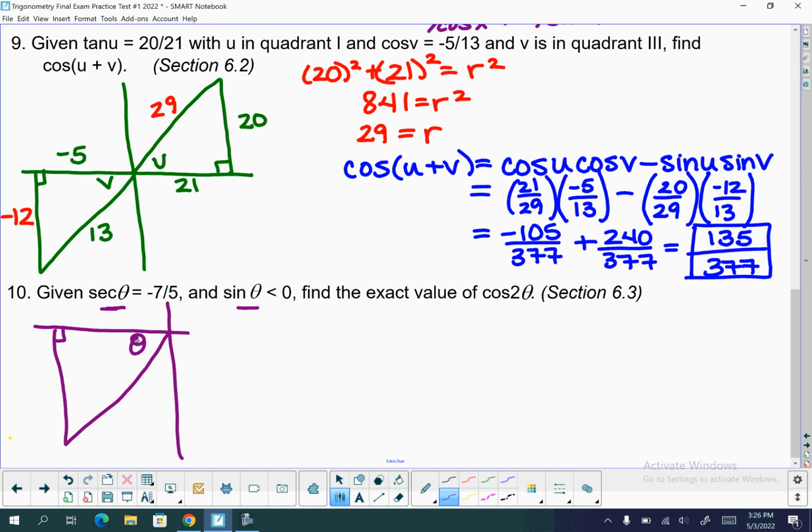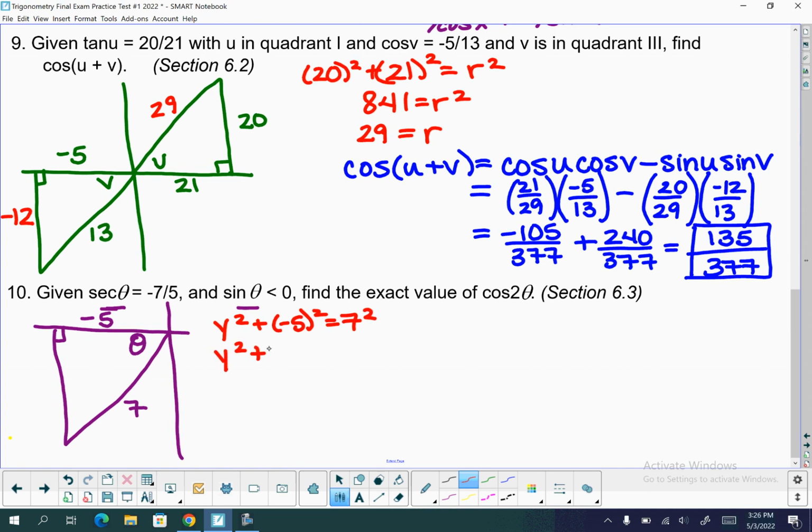Secant is the reciprocal of cosine, so that's going to be hypotenuse and adjacent. Again, the adjacent side is what's going to be negative. Pythagorean theorem is going to give me that third side, call it y. So y squared plus negative 5 squared equals 7 squared.